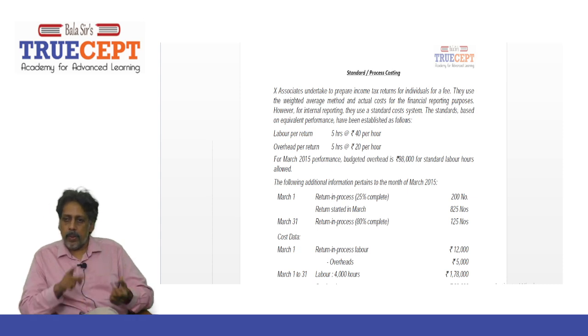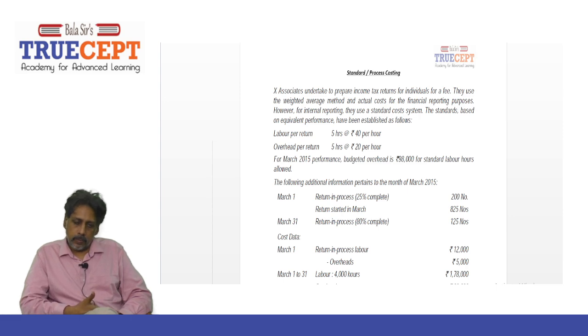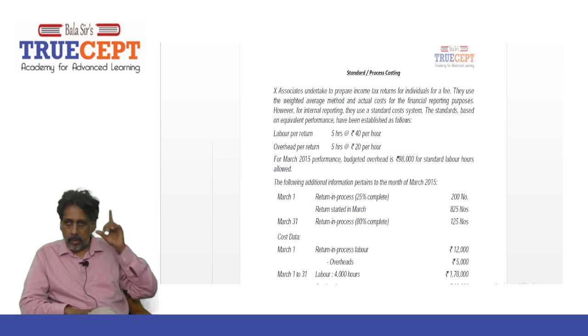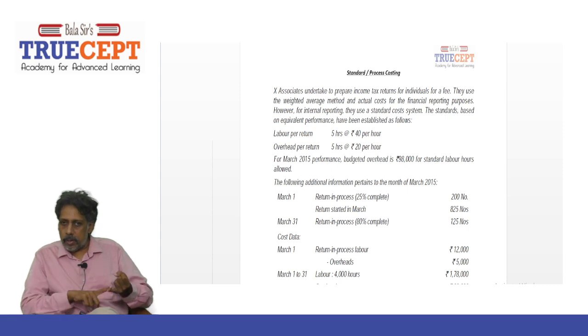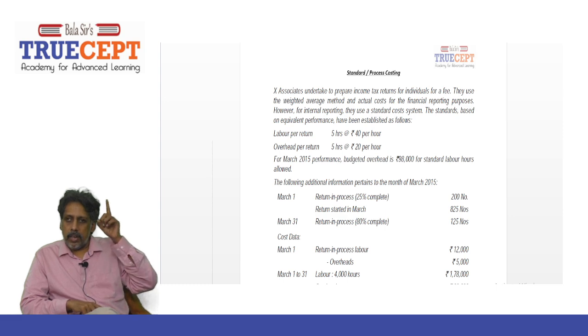Then returns started in March, 825 numbers. That means 825 income tax returns were started in the month of March. In all, 200 are brought forward from the month of February, and another 825 units are started in the month of March.